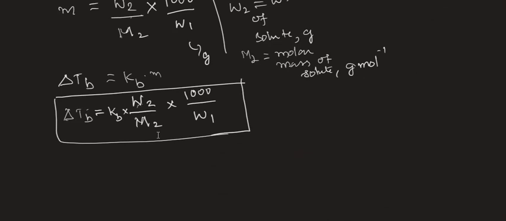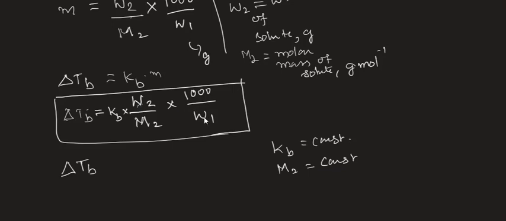There is one more important thing to note. Delta TB, the elevation of boiling point, is a colligative property. It is always dependent on the amount of solute, which we can prove. Here Kb is constant, and molar mass is also constant for the solute.